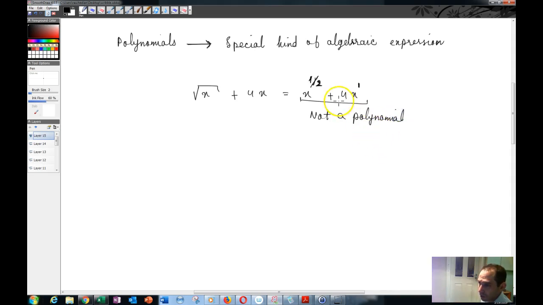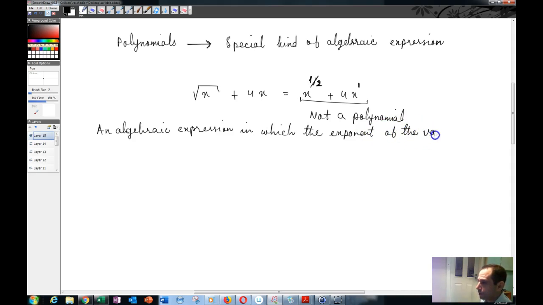A polynomial is the kind of algebraic expression in which the exponents of the variable are whole numbers.